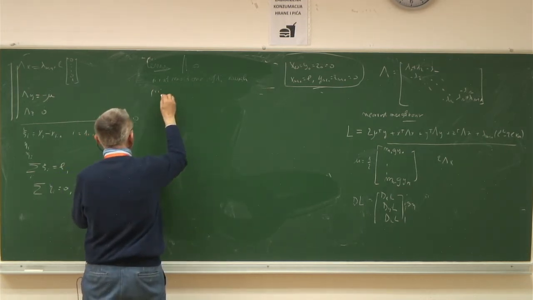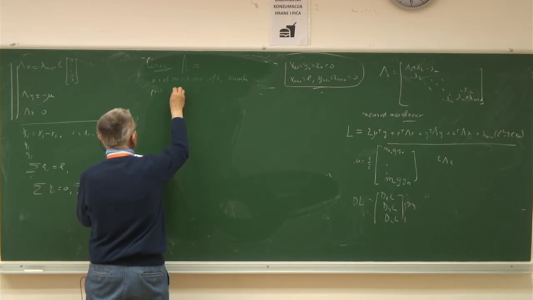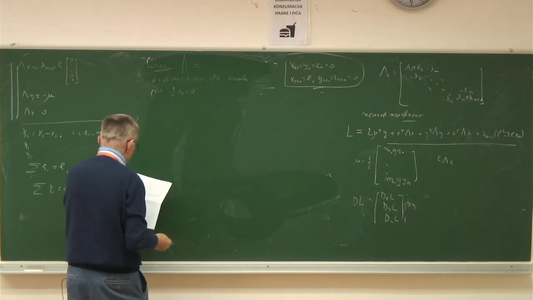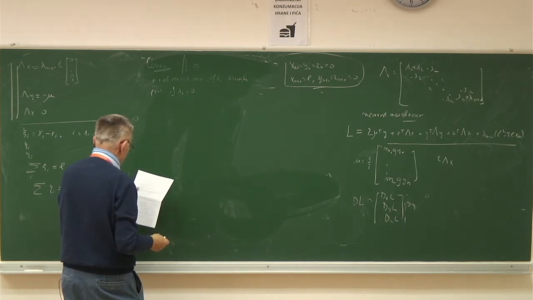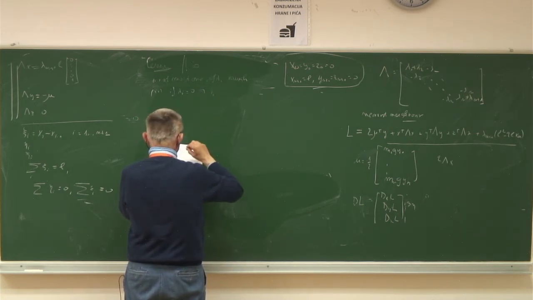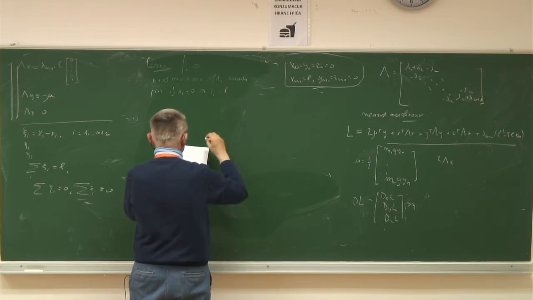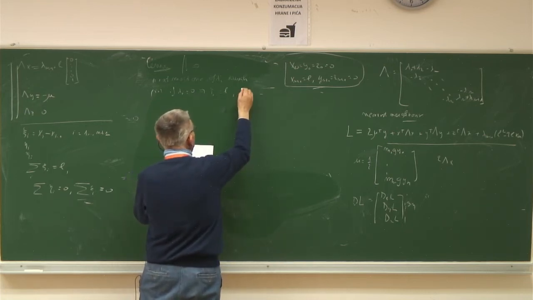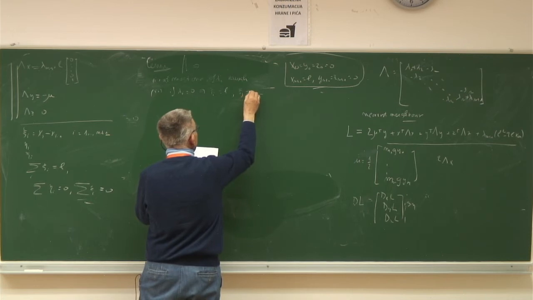Second, if some of them vanishes, then xi_i is equal to L, and all other xi_j are 0.